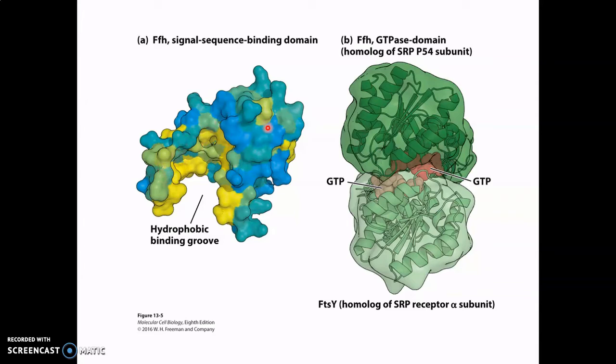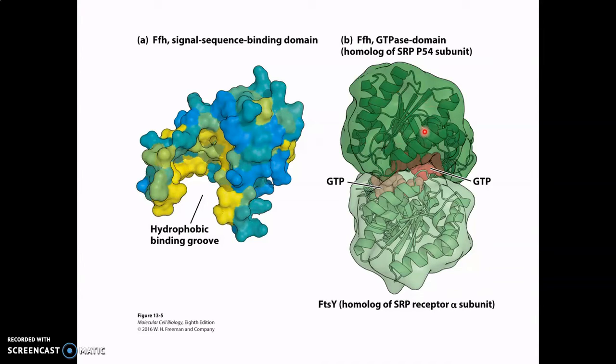So here is an image of the SRP, and what we see here is a very large hydrophobic groove. And it's this groove that interacts with the hydrophobic residues on the target protein, or whatever protein is being produced that has this hydrophobic region.